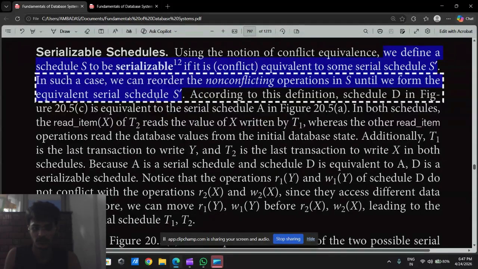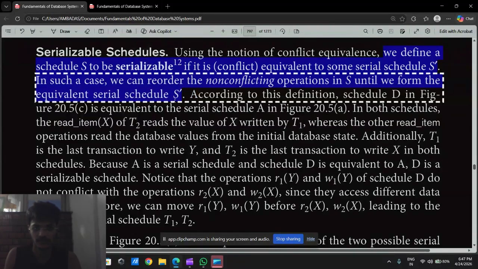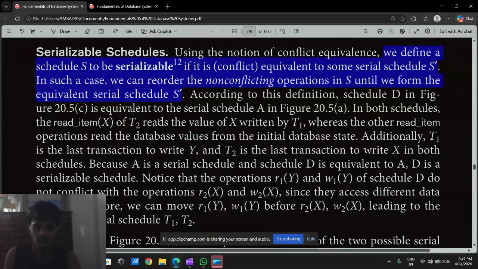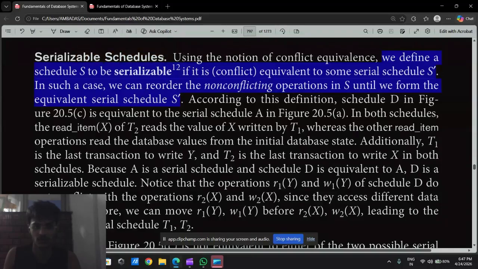If two schedules are conflict equivalent, then we can reorder the non-conflicting operations in S until we form an equivalent serial schedule S prime. Basically, S is a non-serial schedule and S prime is a serial schedule, and we are converting the non-serial schedule into a serial schedule. If it's possible, then we call the non-serial schedule a serializable schedule.